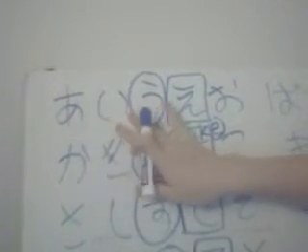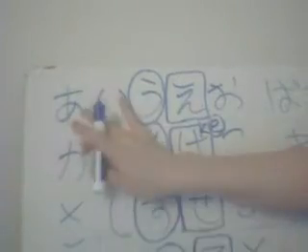Let me go back to my board to show you better. In this column up here, we have a, i, u, e, o. That's its own little column. And let's say we have the verb au, which is to meet.